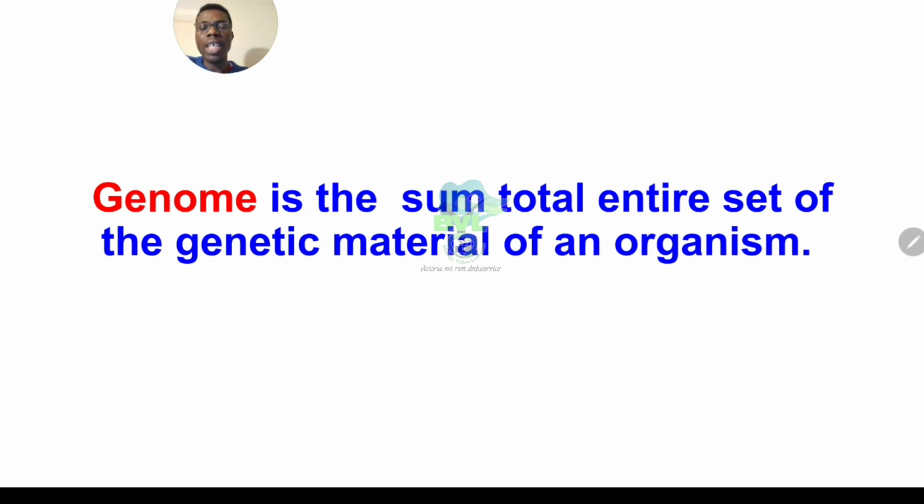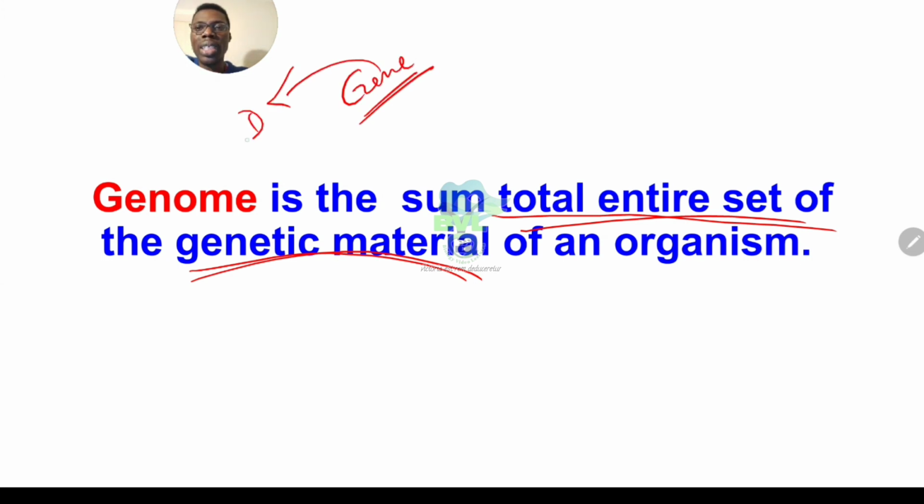Genome is the total entire set of genetic material in an organism, that talks about all the genes. So if I say all the genes, that means I mean all the DNA. That means I mean all the chromosomes. That means I mean all the nucleus. But basically, that's what this is. You don't need to go down to the nucleus.